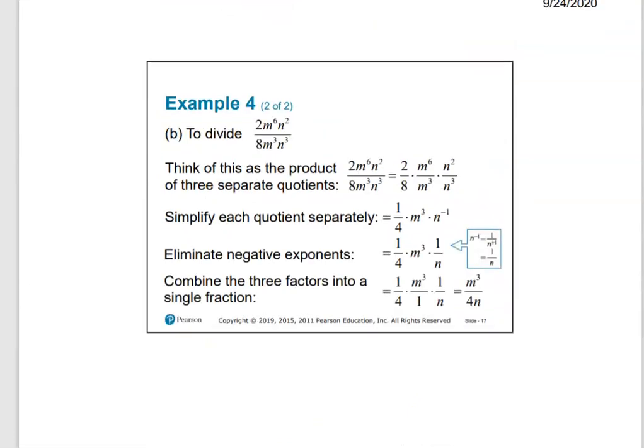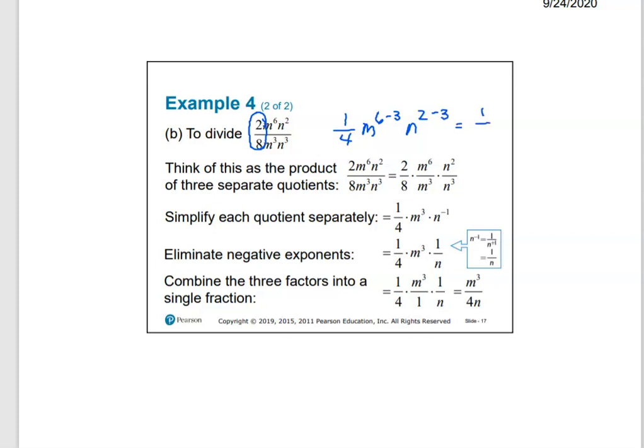Okay, this is the last example. The first thing we're going to do is focus on 2 over 8, and we know 2 over 8 is just 1/4. Now we've got m to the 6 minus 3 and n to the 2 minus 3.